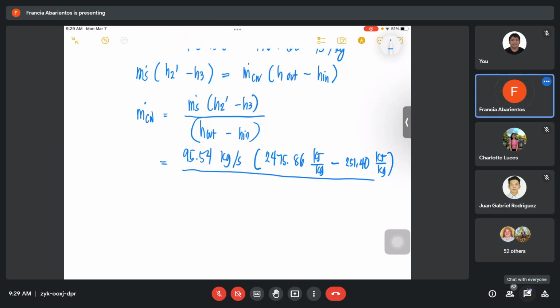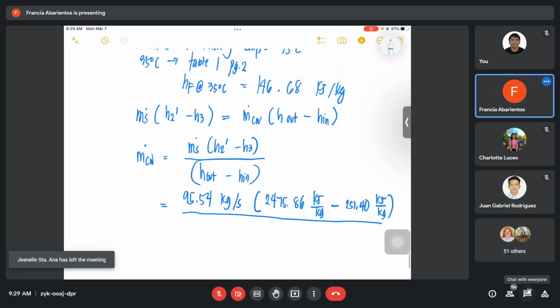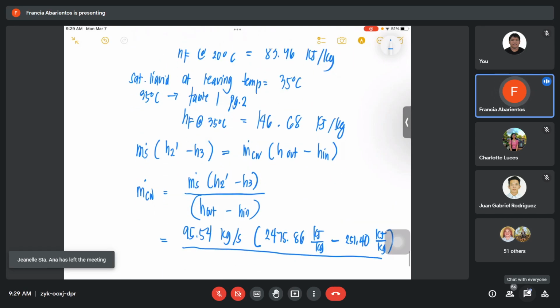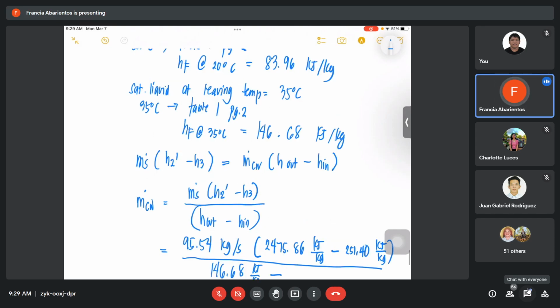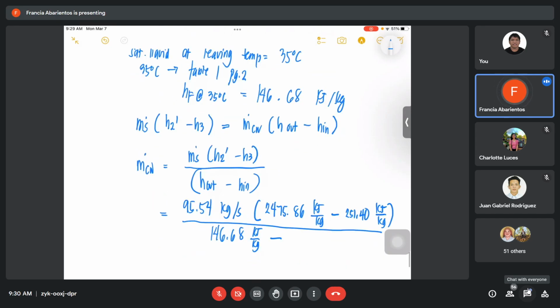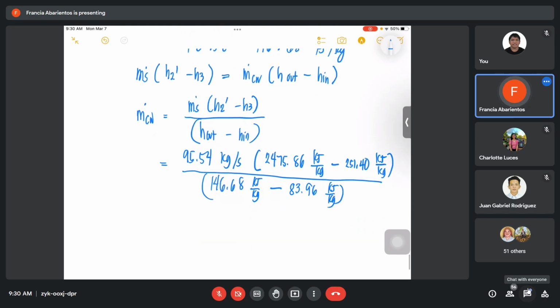Okay? H out, what is our out? 146.68. In is 83.96. We have now the mass of the cooling water.